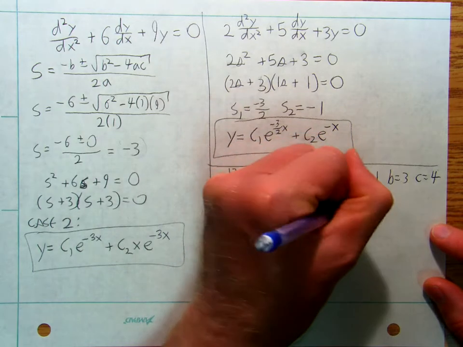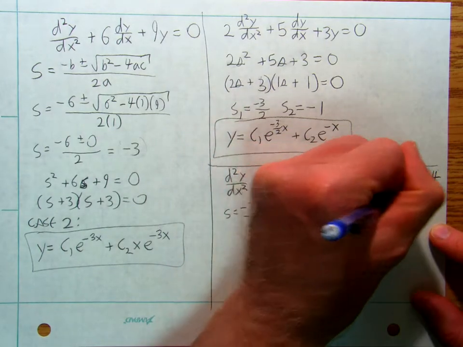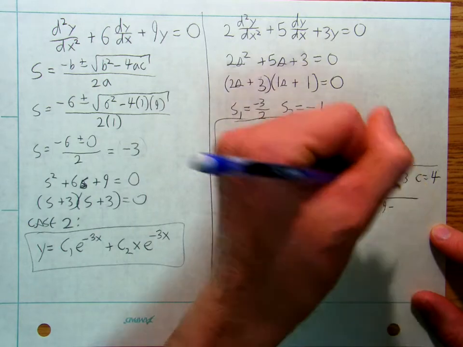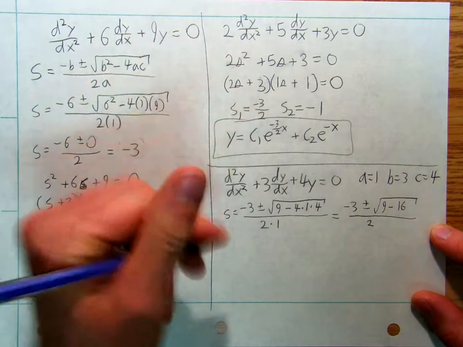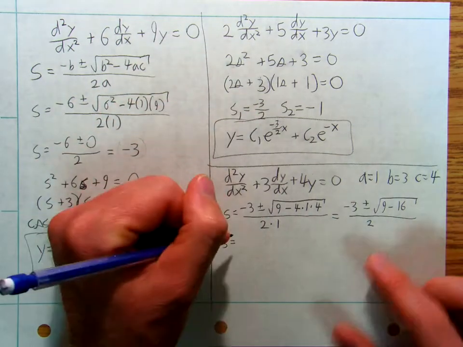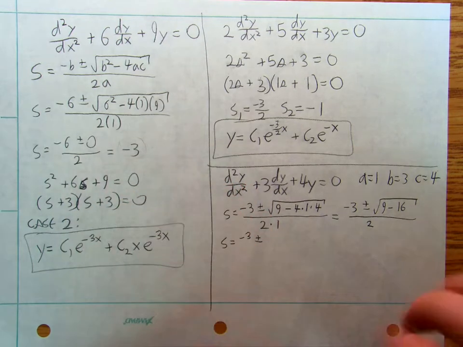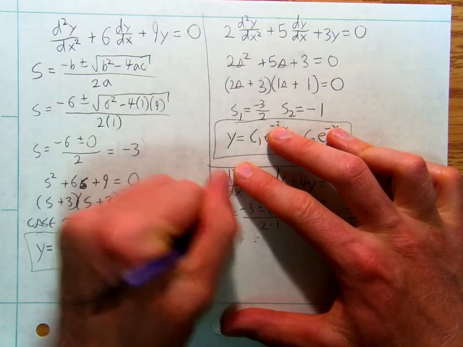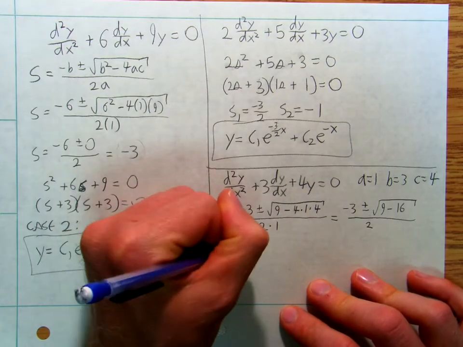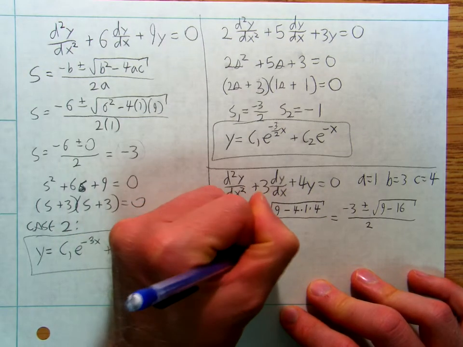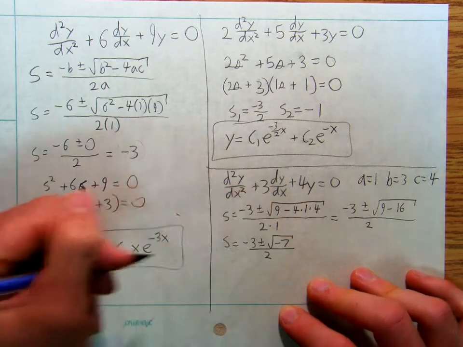So that's going to be negative 3 plus or minus square root of 9 minus 16 over 2. So s is going to be equal to negative 3 plus or minus square root of negative 7 over 2.